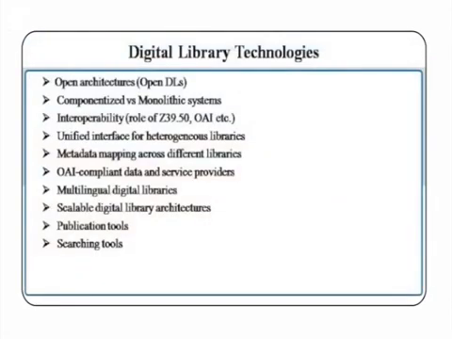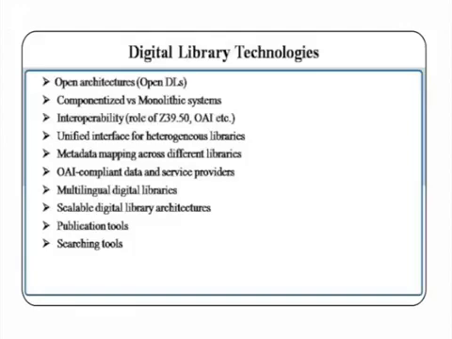So in terms of technology for digital libraries, this has to be looked at from a different angle. The open architecture. Open is a very big buzzword nowadays, because when you are talking about open, the access is open and the tools which are used are also open.